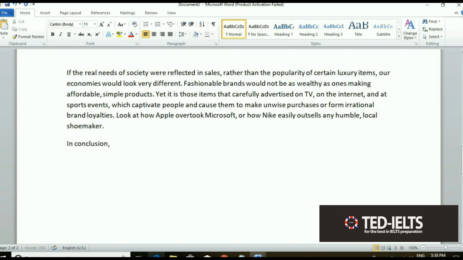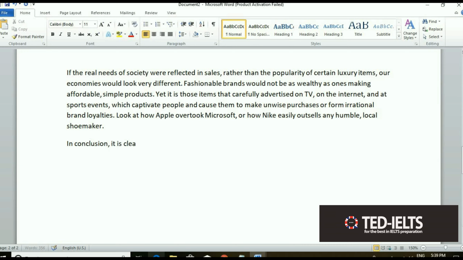Our final paragraph, we can begin with in conclusion. I begin every IELTS essay conclusion with in conclusion because I don't think there's any need to change it. You're not going to have 3 conclusions in one essay, so you're not going to be repeating yourself.